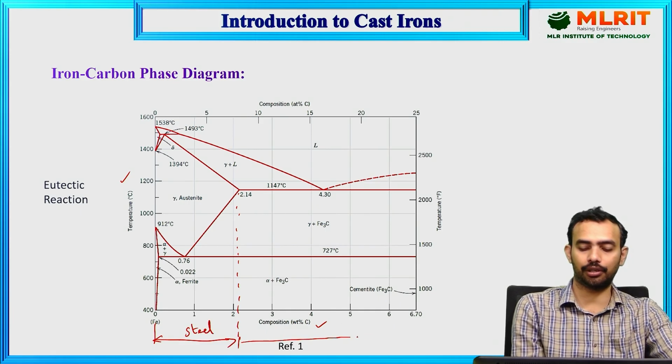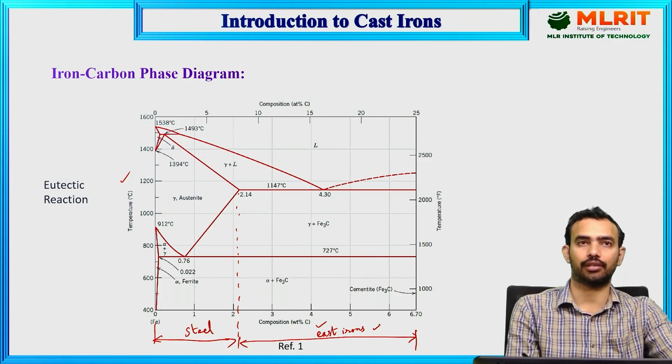From here until the maximum solubility of carbon in iron, that is 6.67 weight percentage of carbon, we call this category the cast irons. So now we will focus on these cast irons.